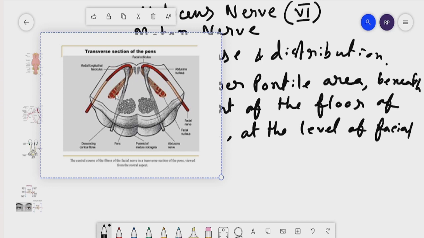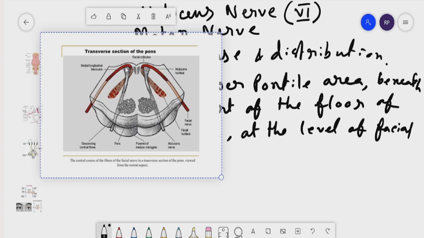And one thing I have told, that it has an intimate relation with facial nerve. This is the motor nucleus of the facial nerve in each side, and from this nucleus motor fibers arise, and instead of coming forward, they go backward and make a round around the abducens nucleus, and then come downwards and forwards and come out from the brainstem.